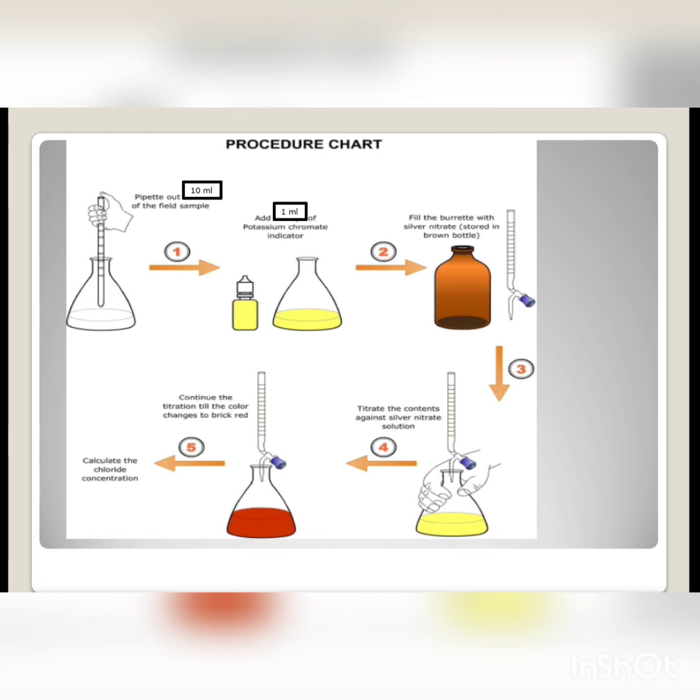This is nothing but the amount of chloride present in 100 ml of the diluted sample solution. Whatever chloride is present in that diluted sample solution, the same amount will be present in your given sample solution, because that given solution only we have diluted to 100 ml.